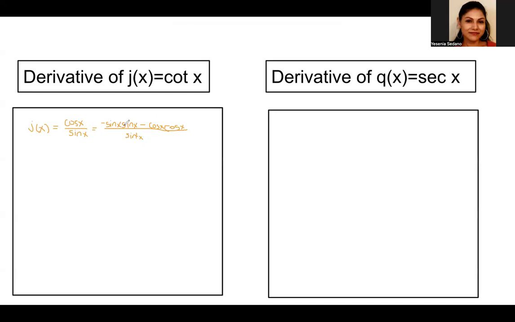Okay, cool. So this top looks a bit familiar. We have two sines, so that's going to become negative sine squared x, minus cosine squared x, all over sine squared x.